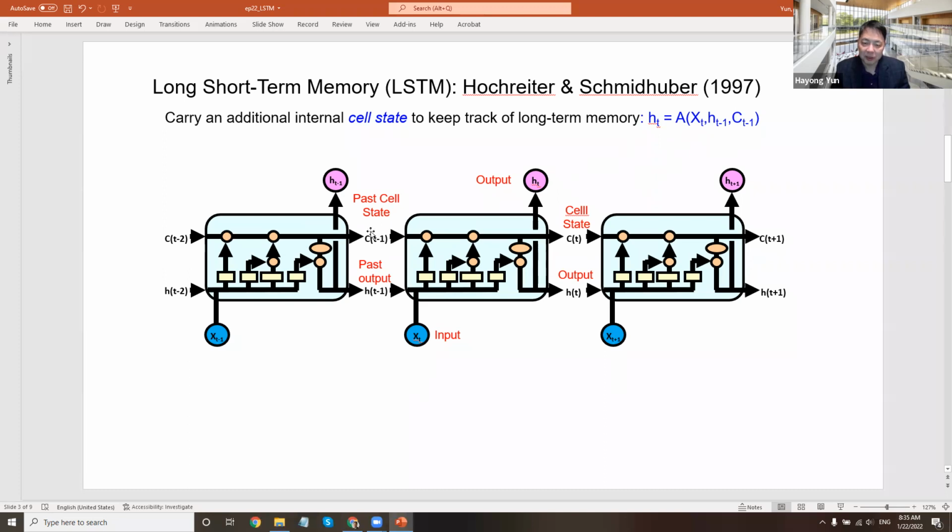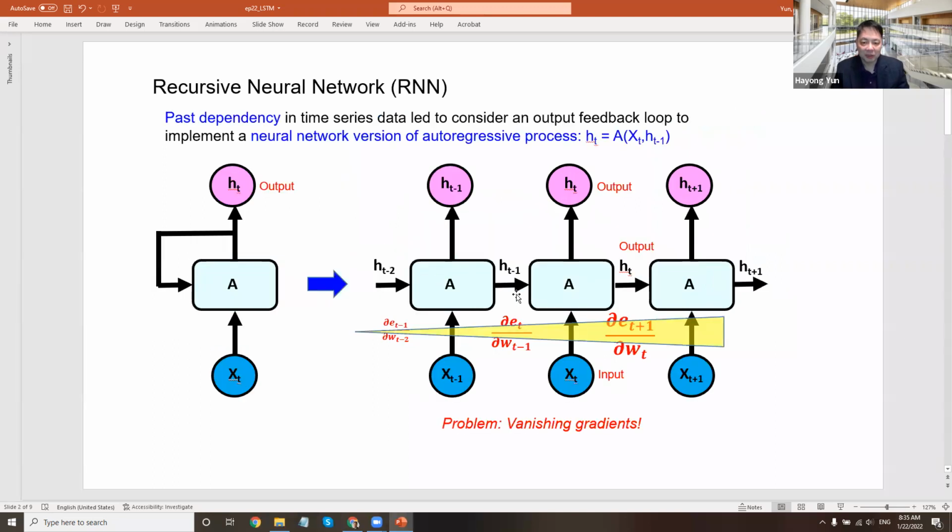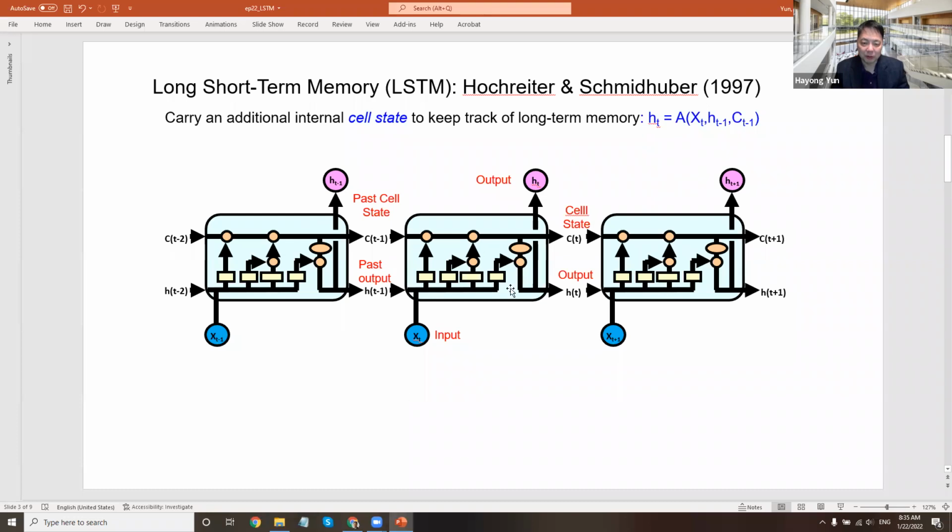We'll discuss what it is in more detail, but it keeps track of the long-term memory and tries to mitigate the vanishing gradients problem. So it's just like this unfolding. It's being shown in a picture of unfolding. So use the past cell state, the past output and input to predict this, and then use that updated cell state and input to predict this, and so forth.